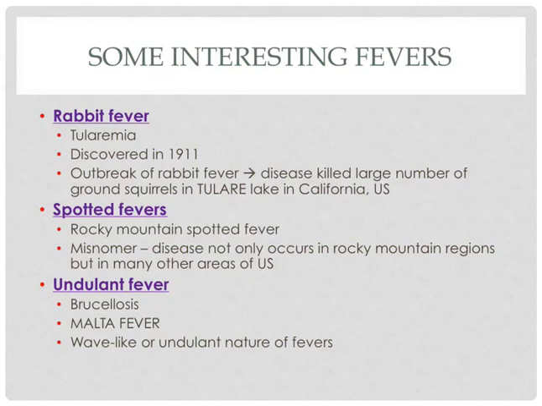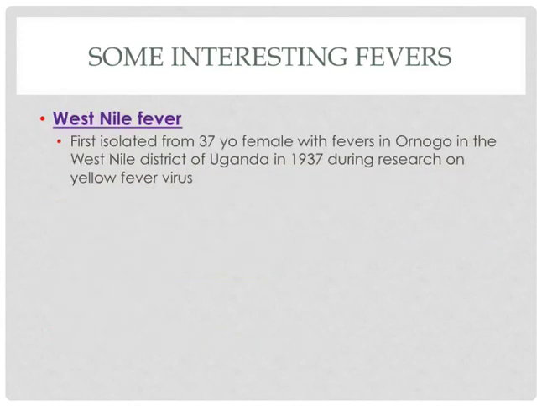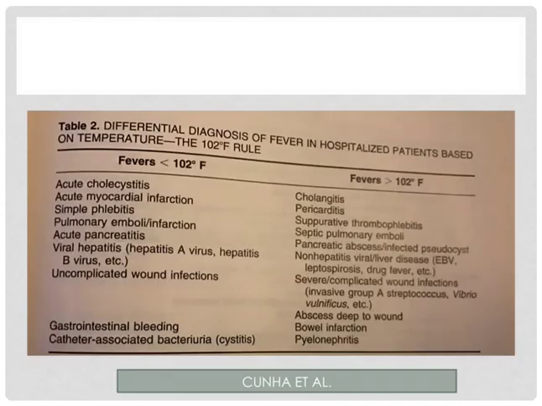And undulant fever is the wave-like or undulant nature of fevers with brucellosis. It's called Malta fever, Malta is a town, I forget where it was. West Nile fever, it was first isolated from a 37-year-old female in the West Nile district of Uganda in 1937 during research on yellow fever virus, so it's called West Nile fever.